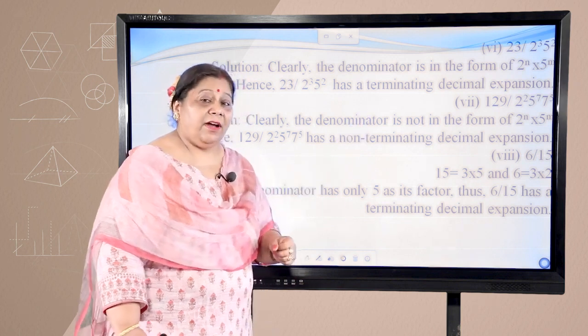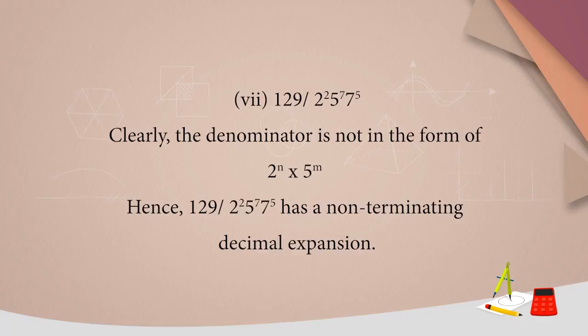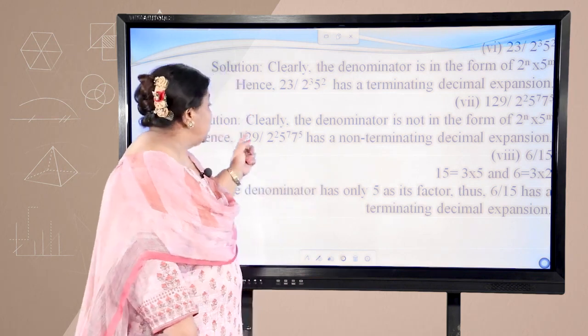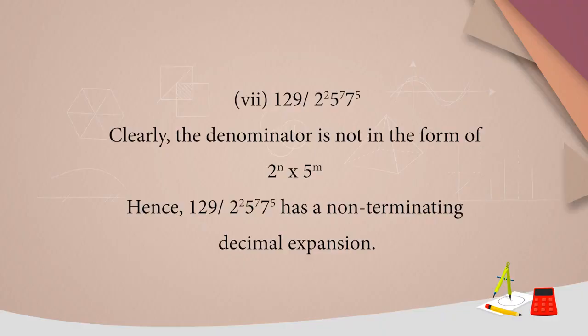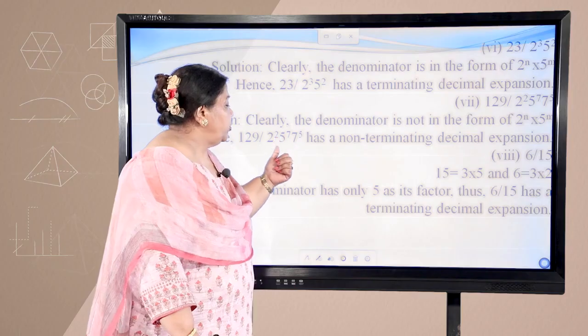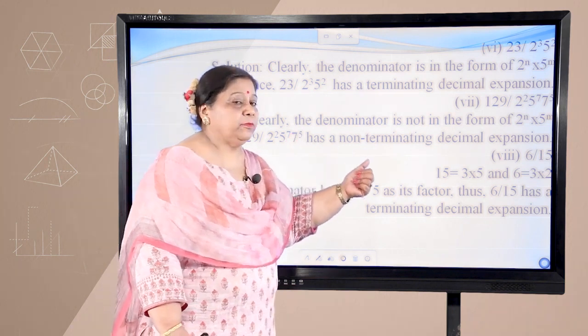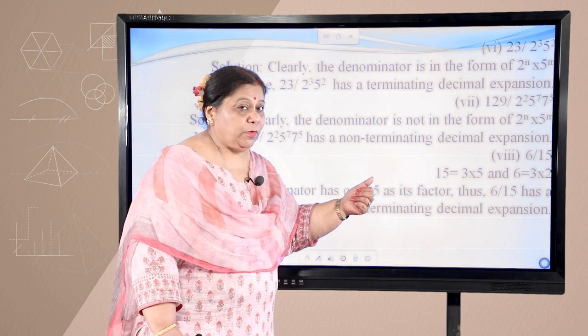Next, 129 divided by 2 to the power 2, 5 to the power 7 and 7 to the power 5. What do we notice here? 7 is extra for us, we do not want it according to our theorem, right. So, clearly the denominator is not in the form 2 to the power n into 5 to the power m. Therefore, 129 divided by 2 to the power 2, 5 to the power 7 into 7 to the power 5 has a non-terminating decimal expansion. I hope it is clear.